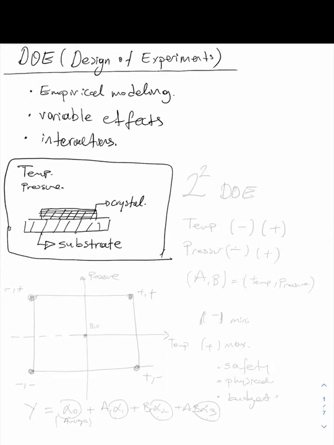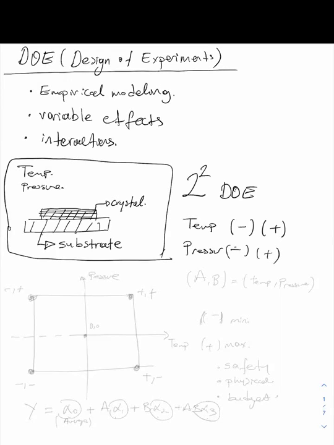Okay, so for today's purposes, we are going to talk about two levels and two-factor DOE. So that means that you're going to have two levels for each of, say, temperature and pressure. So you have temperature, pressure, and then you're going to have a minus, which is minimum, and a plus, and you're going to have the same thing for the pressure as well.